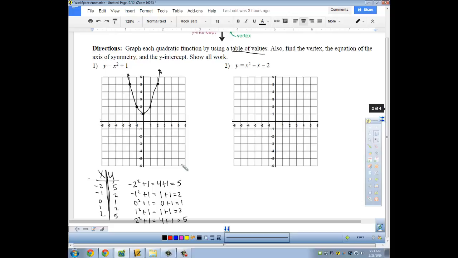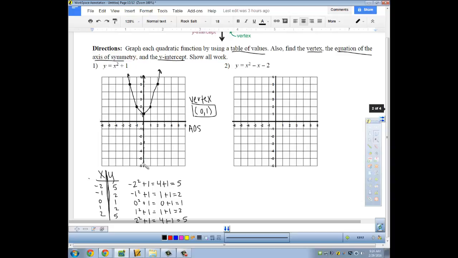They also want me to say what the vertex is, the equation of the axis of symmetry, and the y-intercept. So the vertex, it's right here, so that's located at 0, 1. Okay, so that's an answer. The axis of symmetry, and I'm just going to call it AOS. The line would go straight down the middle, so it's right here.